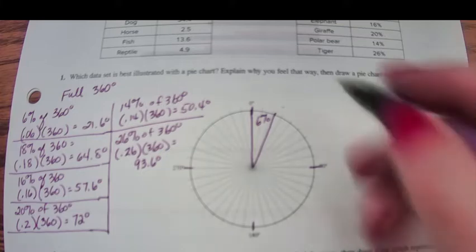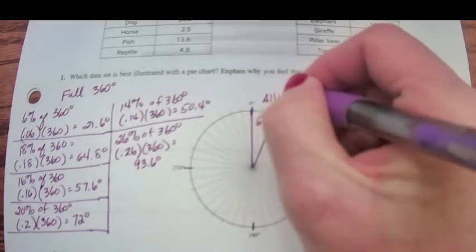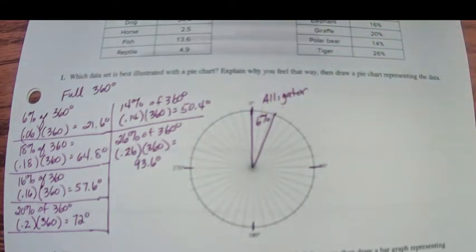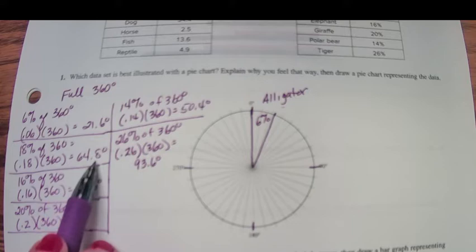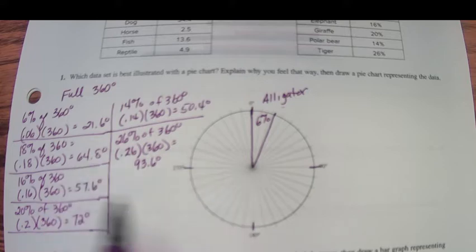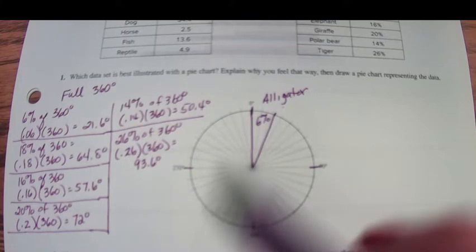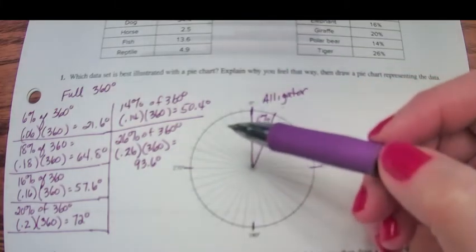Now we want to have a 64.8 degree slice for our dinosaurs. We're not starting at 0 for the rest of these, so we have to figure out what our starting point is.